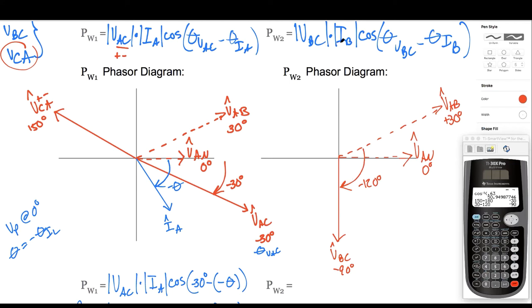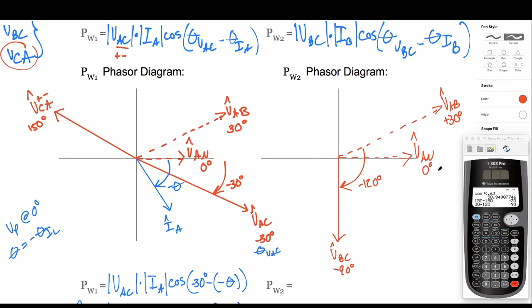Let's show IB. Now, if IA is lagging VAN, then IB is going to lag what? Is it going to lag VAN or is it going to lag VBN, right? So here's VAN. Let's show VBN. If VAN is at 0 degrees, where's VBN, my B phase voltage?